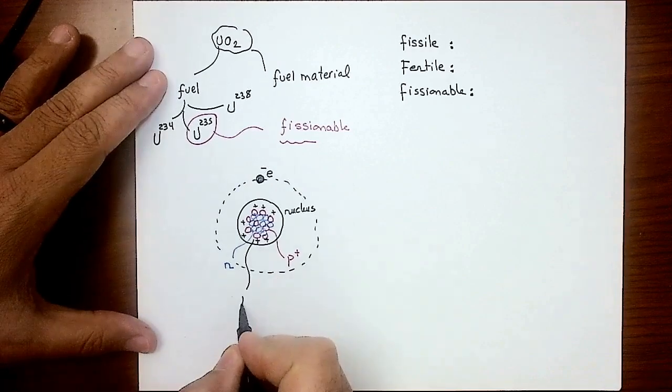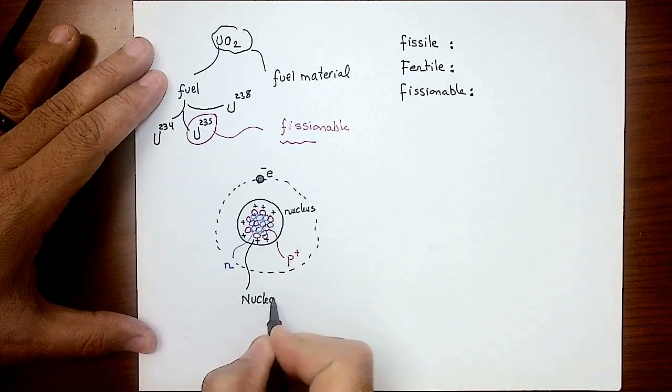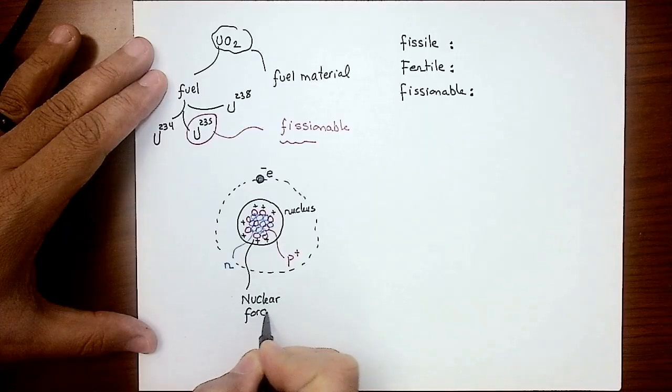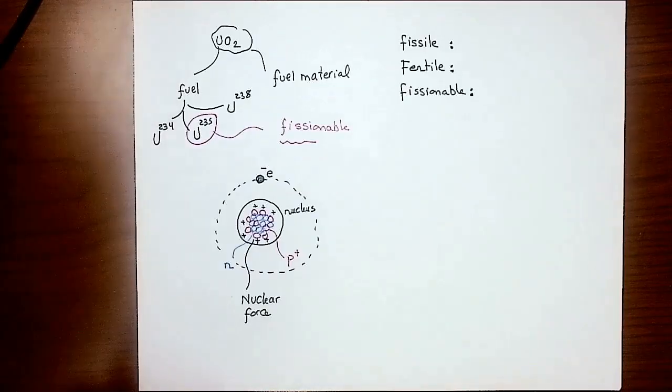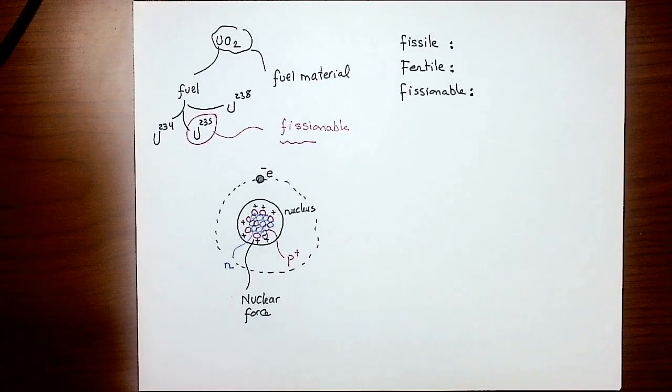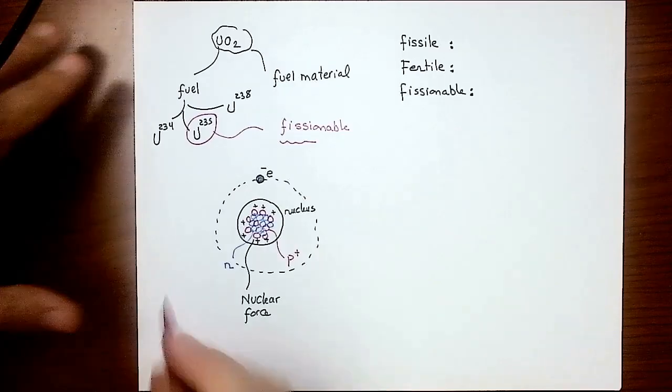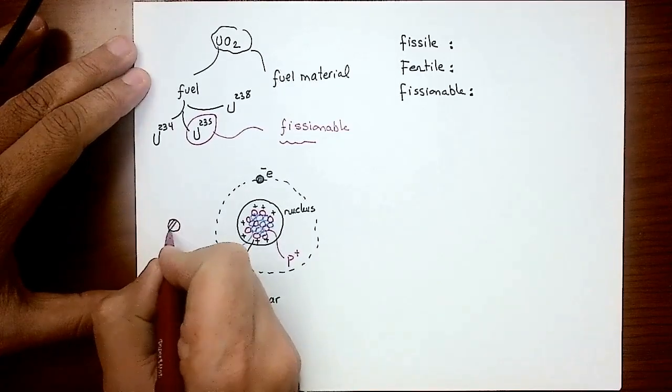So this is the nuclear force that holds the neutral particles, neutrons, and the protons together. Then we have to make a kind of excitation of that nucleus to generate energy. So what we do is bring a neutron from outside here. That's a neutron.